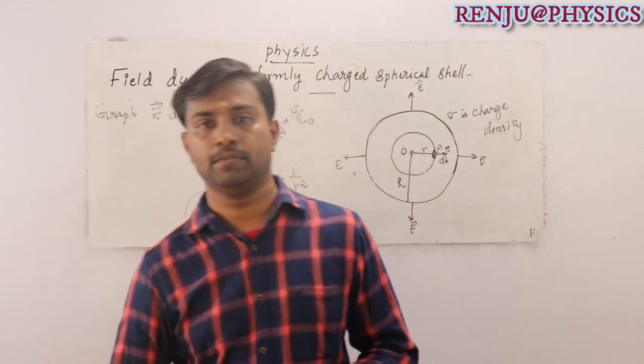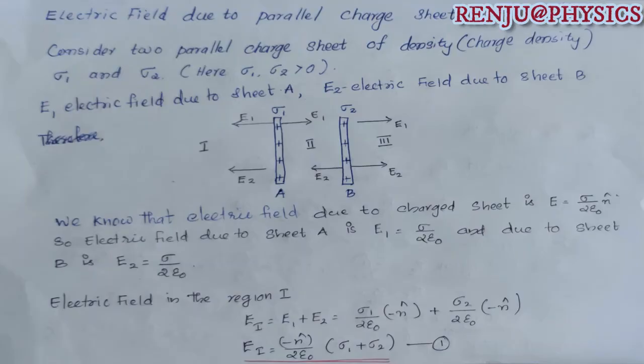Now we are going to discuss the electric field due to parallel charge sheets. How we can determine the electric field between two charge sheets, that we are going to discuss. So here we consider two parallel charge sheets of charge density sigma 1 and sigma 2.